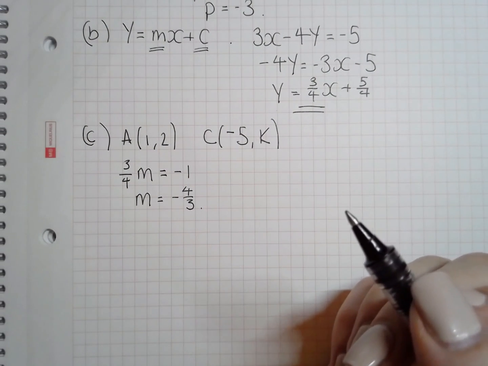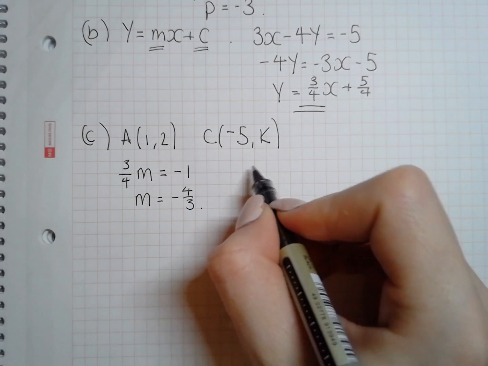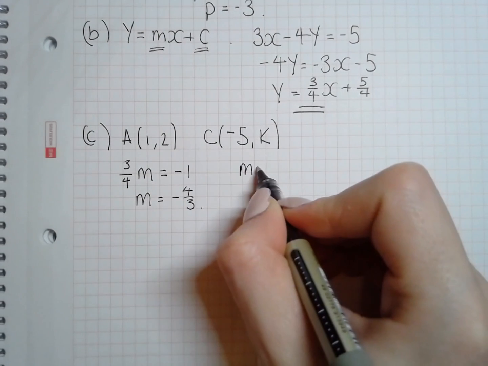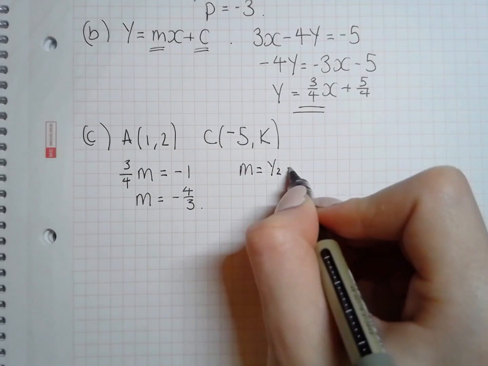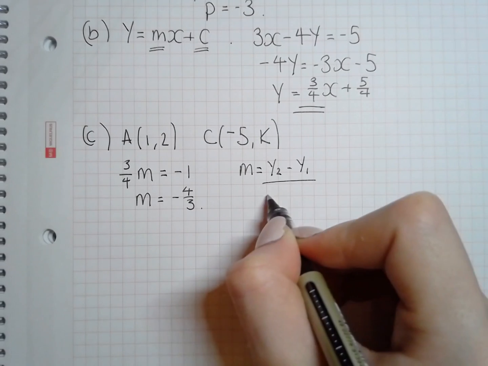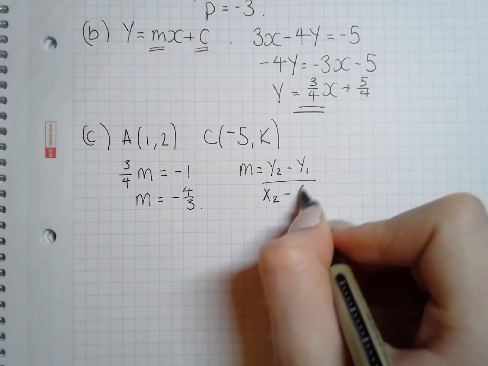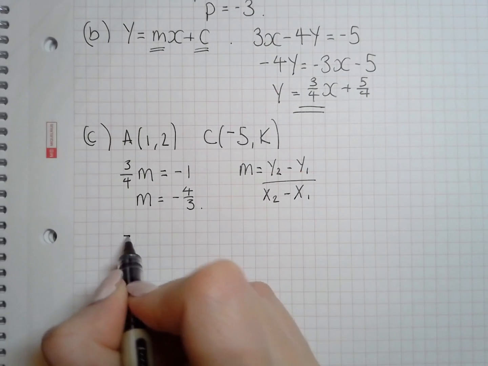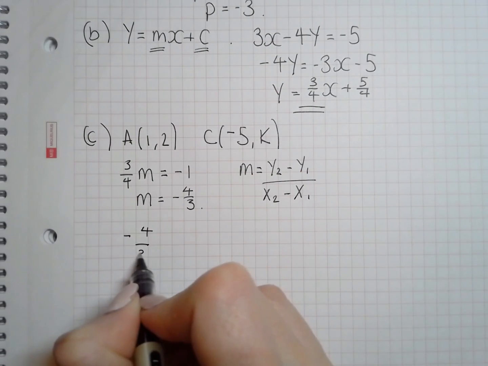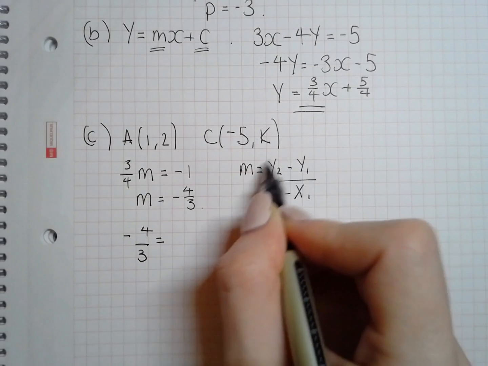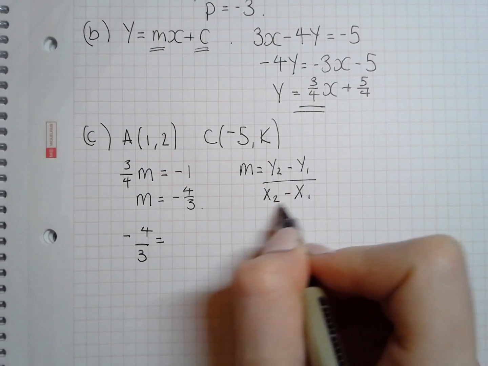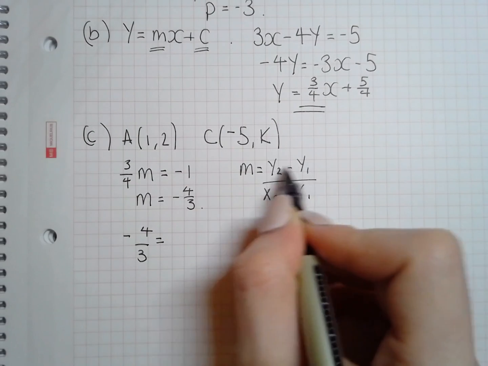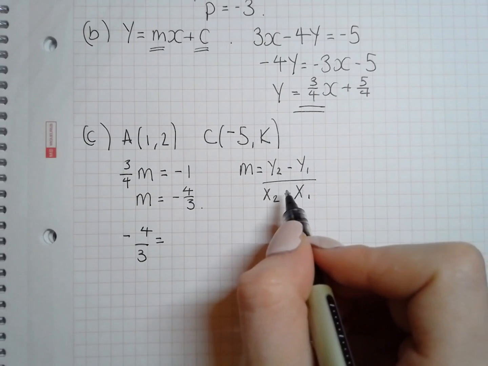Another way of working out the gradient for a line is using m equals y2 minus y1 divided by x2 minus x1. So because we know that the gradient is minus 4 over 3, and we also know that the gradient is this, we can sub our coordinates into this.